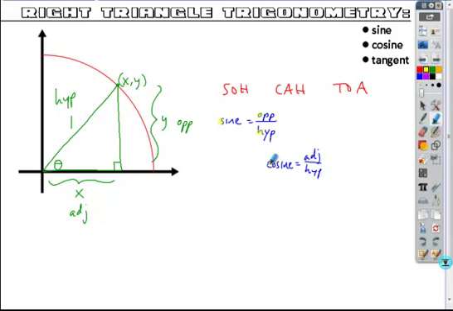Again, seeing where the C, the A, and the H come from. And then finally, the tangent is equivalent to the ratio of the opposite leg to the adjacent leg. Okay, so that's what the trig ratios are, the T, the O, the A. The trig ratios are just ratios between two of the three parts of this right triangle formed with that given acute angle.